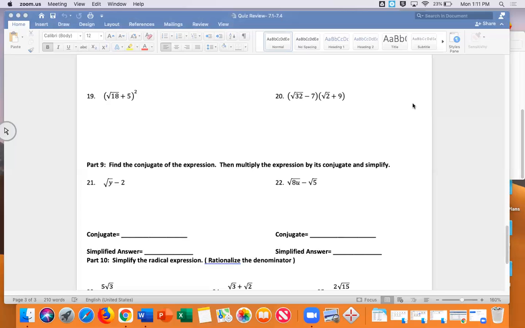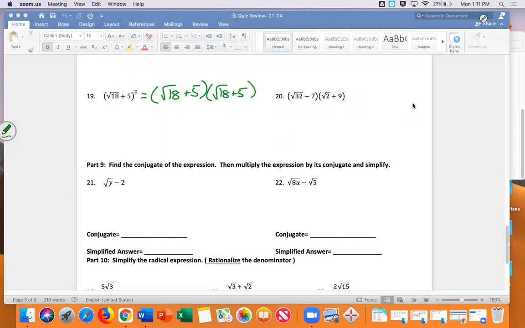All right, Sarah. Root 18 plus 5 squared. What does that mean? So what I'm going to want to do here is rewrite this as root 18 plus 5 times root 18 plus 5.